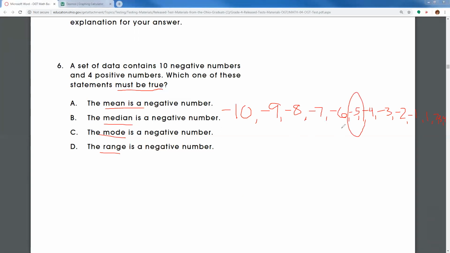I'm not going to do it exactly because it doesn't matter that much. No matter what 10 negative numbers and 4 positive numbers I use, the middle is never going to change. The other ones are all affected by whether these are big negatives or small negatives, or whether I have 4 positive numbers that are the same, which would be the mode. So median is the only one that must be true.